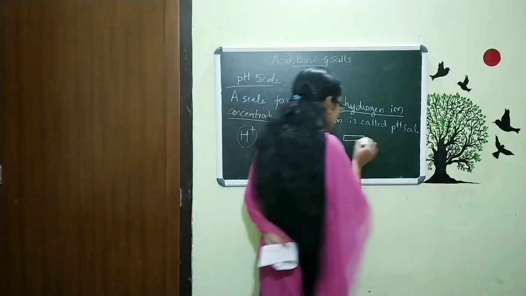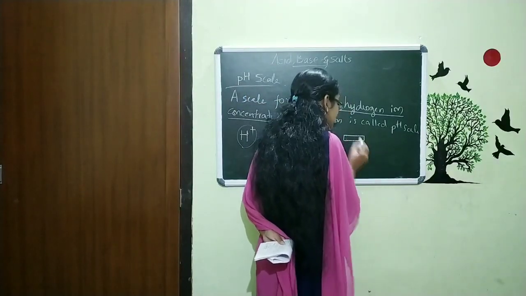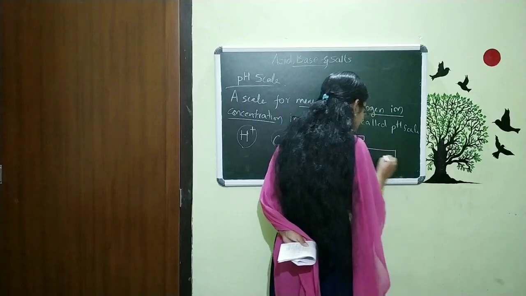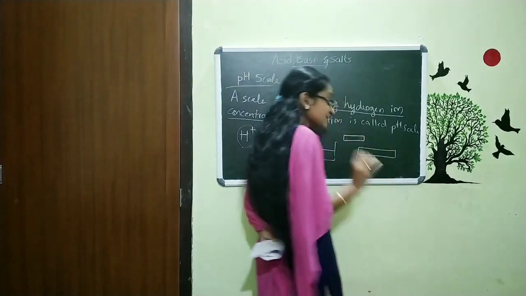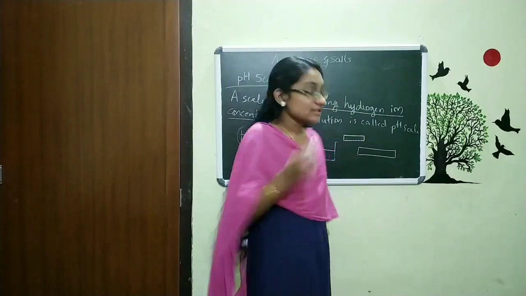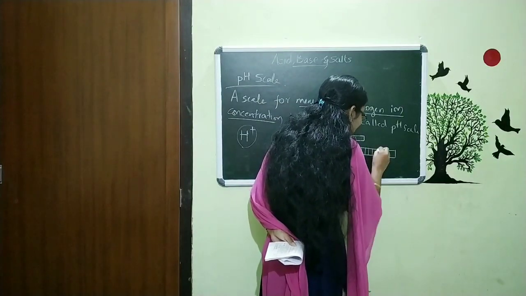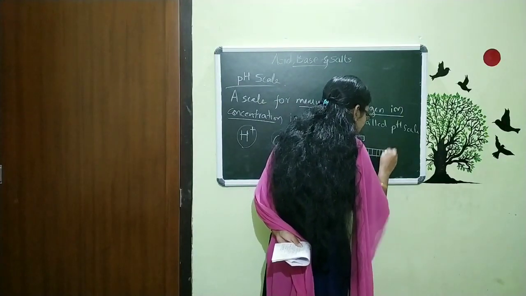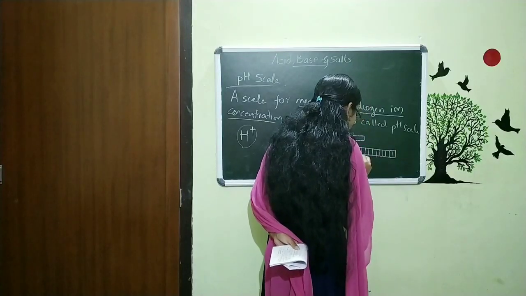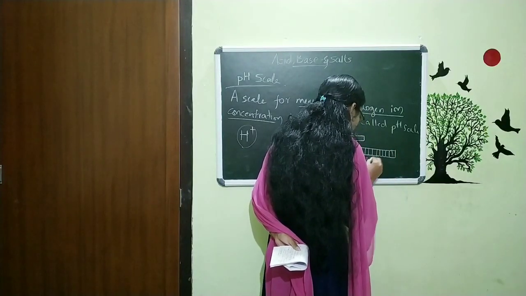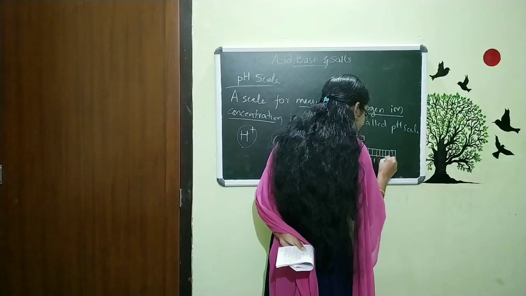And actually for this pH paper we have one scale, and like the figure in your textbook, there we have a diagram where they demonstrated different colors and gave numbers 0, 1, 2, 3, 4, 5, 6, 7, 8.